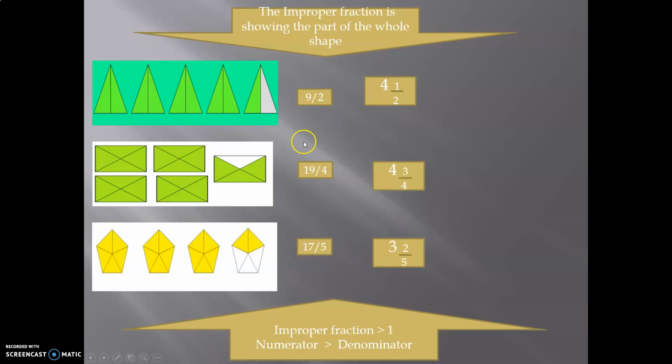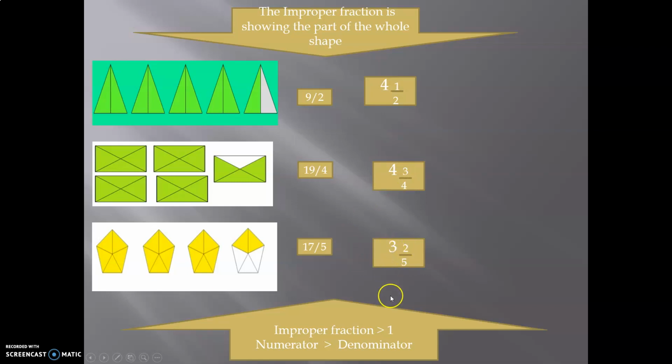So if you have improper fraction, you can change it into mixed number. Because improper fraction is greater than 1. Here you finished 4 shapes. Here you finished 4 shapes. You finished 3 shapes. So can you see it is more than 1? Here it is 4 and a half, 4 and 3/4, 3 and 2 out of 5.